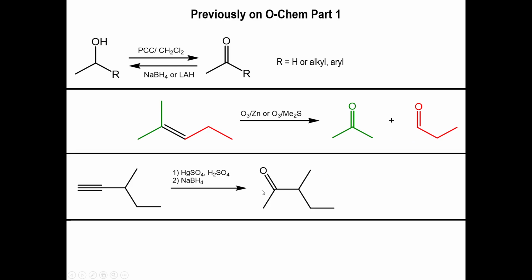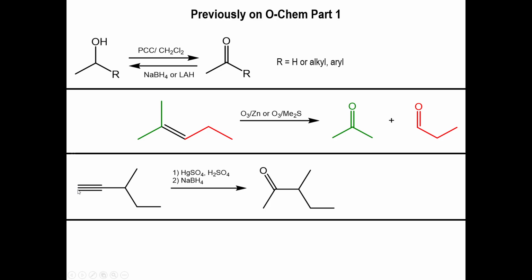Another reaction that also yields carbonyl compounds is the reaction of an alkyne with mercury sulfate in this case. You could also use mercury acetate. It works the same way. And mercury, being a big ion, tends to favor the position of the alkyne that is less hindered.